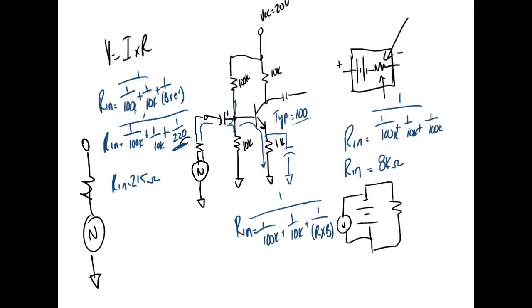So the advantage of not bypassing is we get a higher input resistance. We get a lower gain, but we get a higher input resistance. The advantage of bypassing is we get a higher gain, but we decrease the input resistance of the amplifier, which means now my signal source, so I'm coming off my antenna on my car.